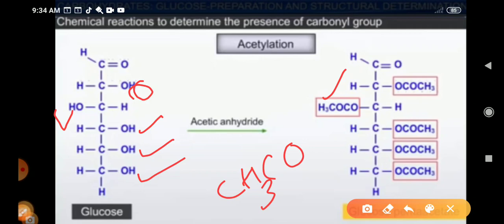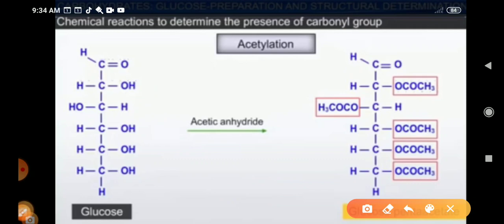The H of this OH is replaced by COCH3. This H is replaced by COCH3. This is called acetylation. So what does it show? The product formed here has a total of 5 acetate groups.